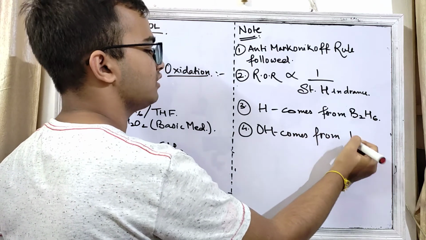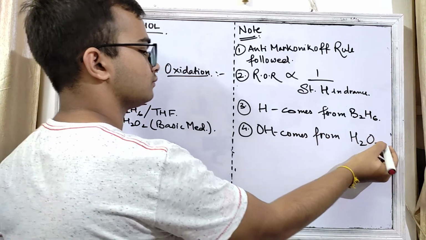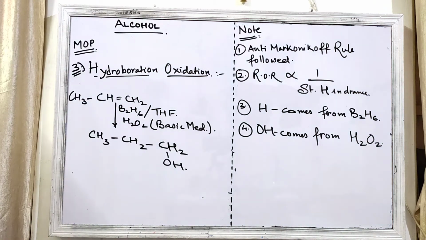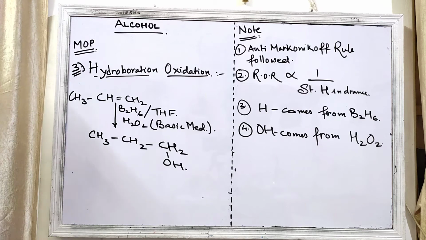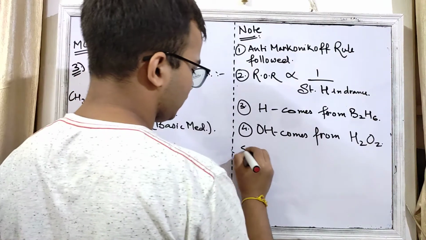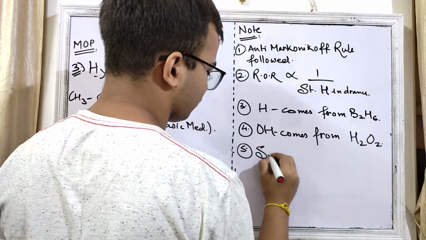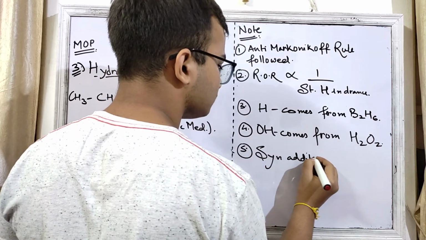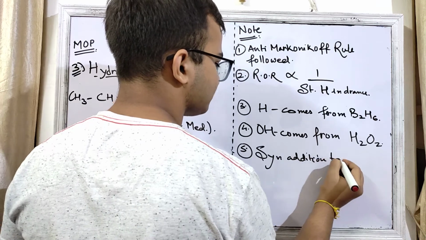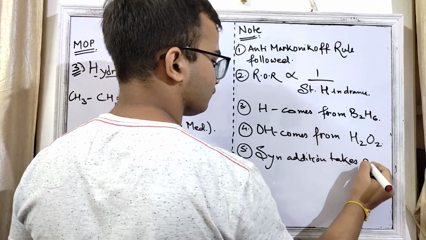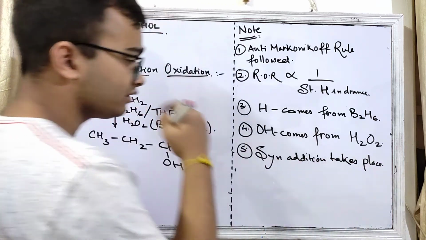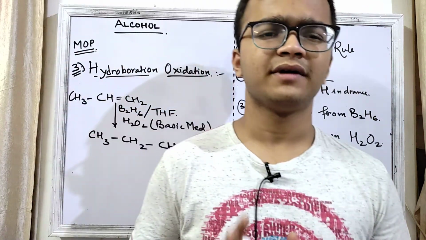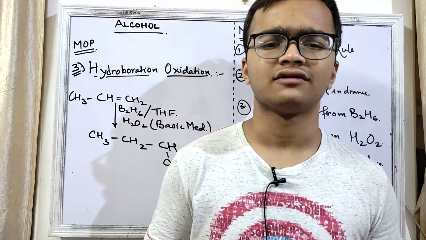The OH comes from the H2O2, which is the hydrogen peroxide, right? You can also write about the stereochemistry. It is not important. Syn addition takes place, right? So this was about the hydroboration oxidation mechanism, or the process of preparation of alcohol.